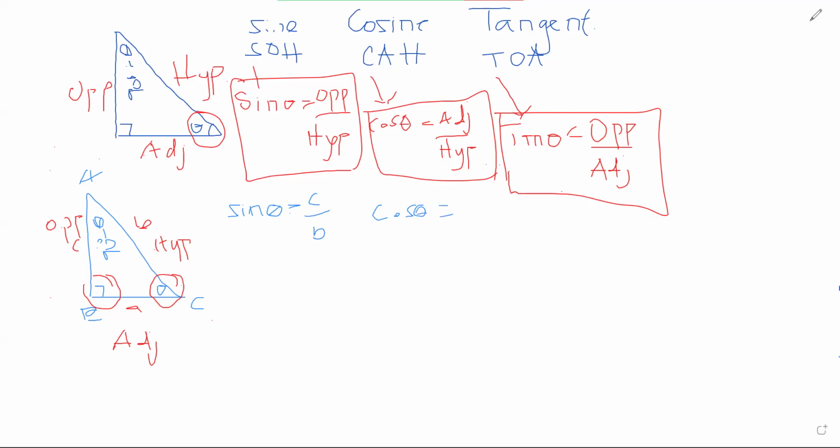What do we have as our adjacent? We have small letter a over small letter b, which is our hypotenuse. Then the last one, we have tan theta equals opposite over adjacent, which is small letter c over small letter a.